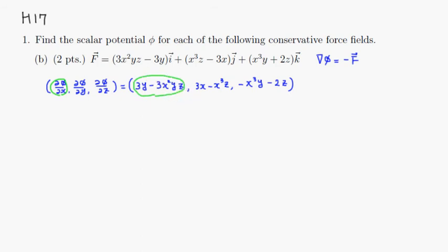We can find phi by taking the antiderivative of this with respect to x: the antiderivative of 3y minus 3x squared yz. 3y is just a constant, so you have 3xy, minus yz, which is a constant, times the antiderivative of 3x squared, which is x cubed, so x cubed yz.